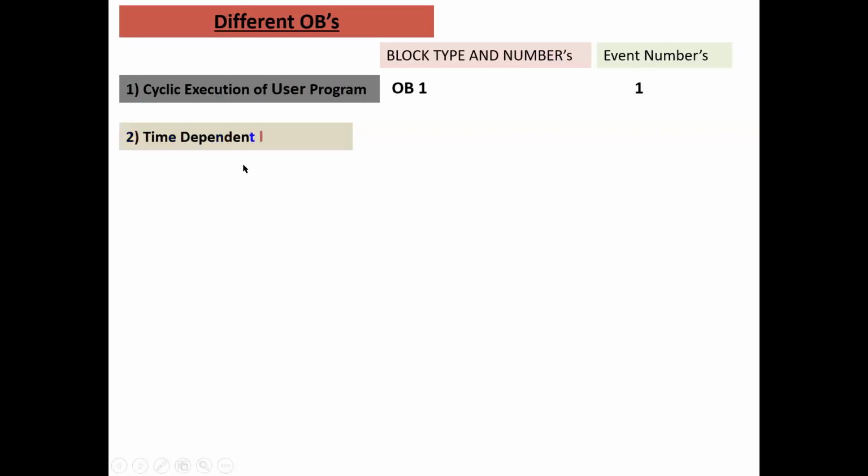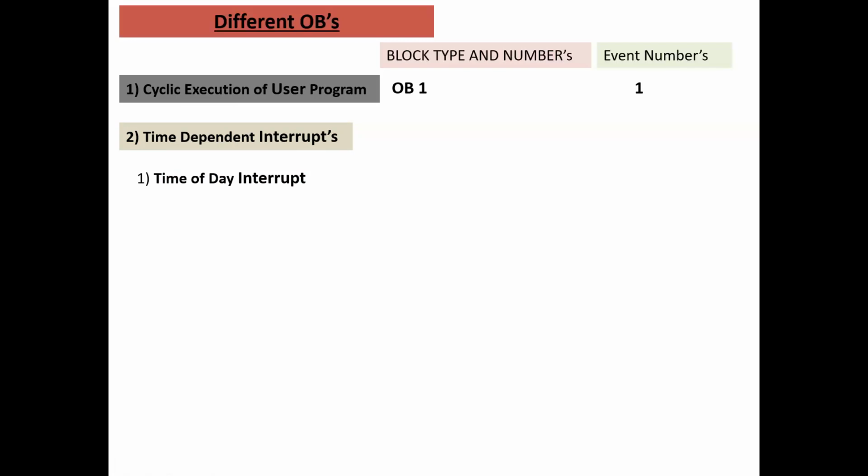Okay. Similarly, time dependent interrupts. Time dependent means it depends on the time, like date and time, or every milliseconds or seconds. So there are different OB types we are having. One group is time of day interrupt.